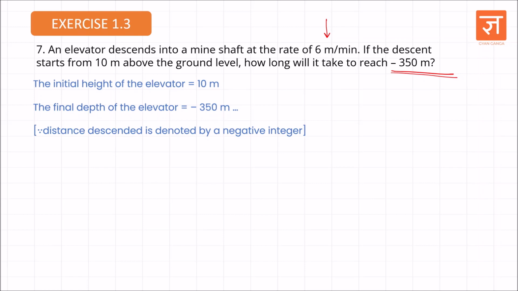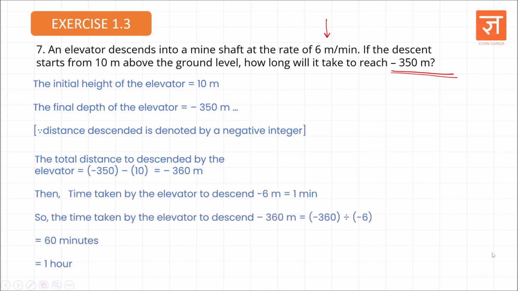The total distance to descend by the elevator is minus 350 minus 10, that is minus 360. The total distance it has to go down is minus 360. The rate is minus 6 in 1 minute. So the time taken will be minus 360 divided by minus 6. We get 60. That is 1 hour. In 1 hour it will reach there.